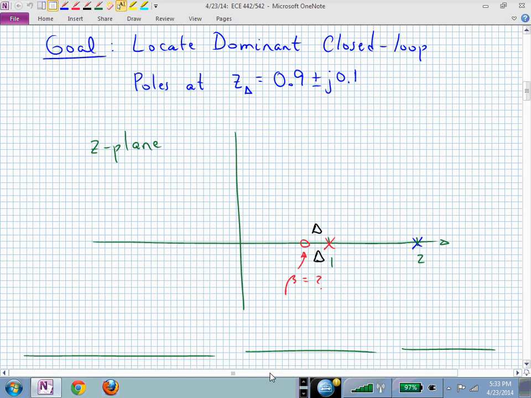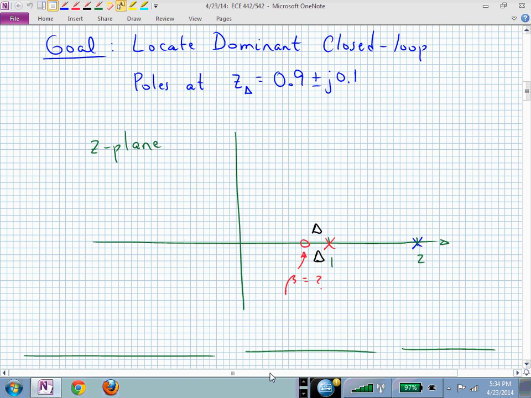This is the picture of our system. Blue is the original plant. It was unstable. And our controller introduces a pole at z equal 1. And then we need to find, does a beta value exist that will stabilize or locate the dominant poles where those triangles are located.